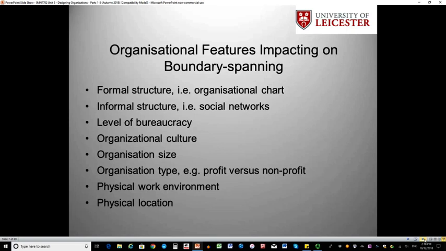And then finally, what we see is that physical location can have a big impact on the boundary spanning activity.